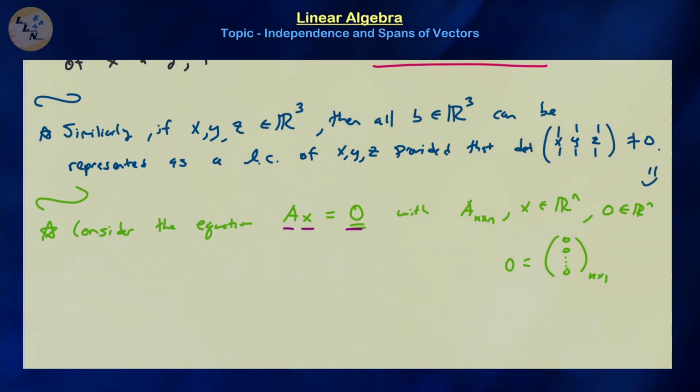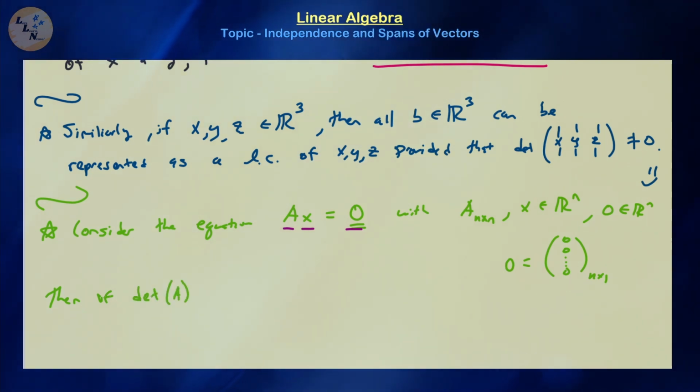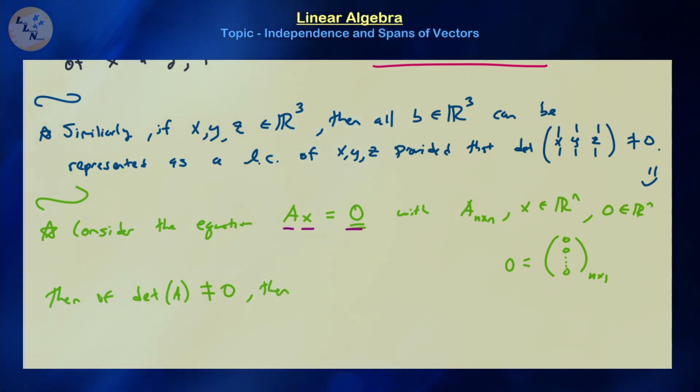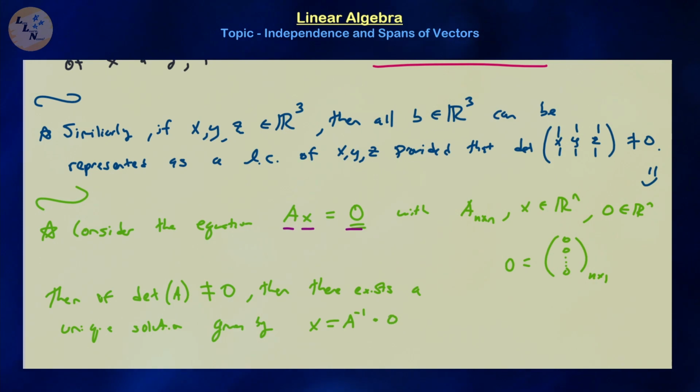So what theorem do you believe exists via the things we just talked about in this particular equation? If the determinant of that square matrix A is not equal to 0, then we at least know that there exists a unique solution, given by x equals A inverse times the 0 vector.